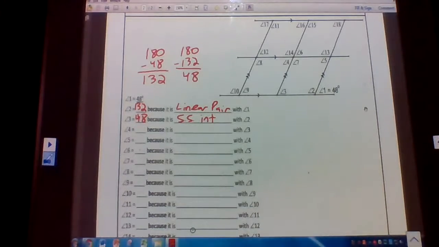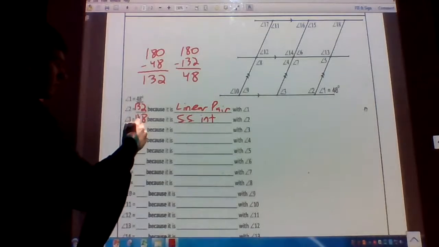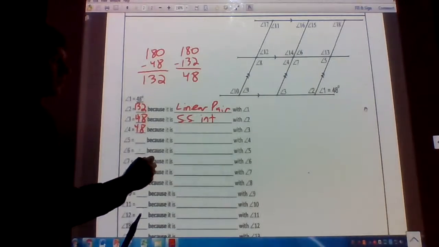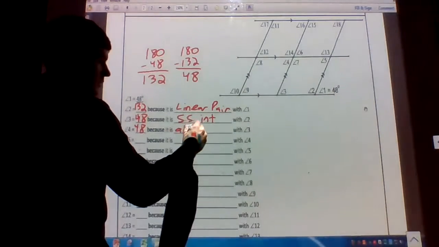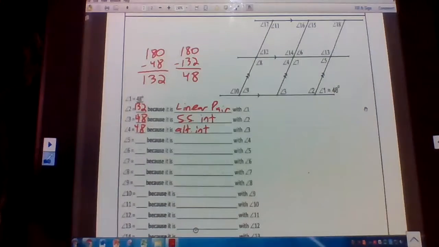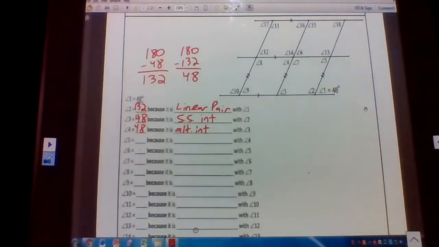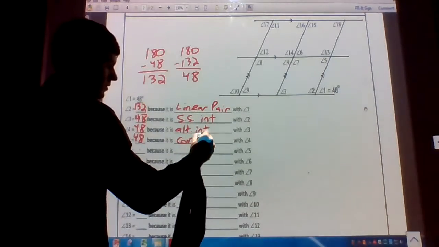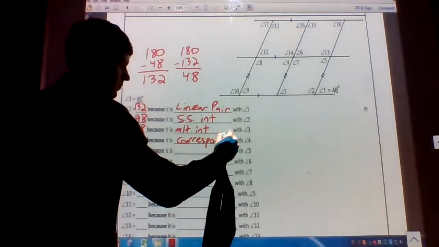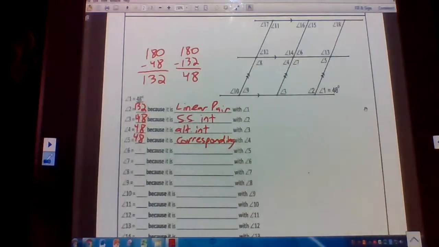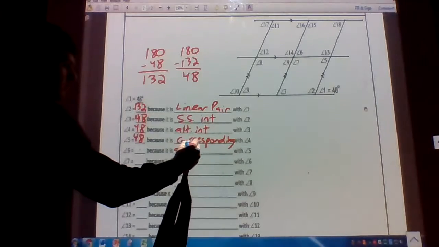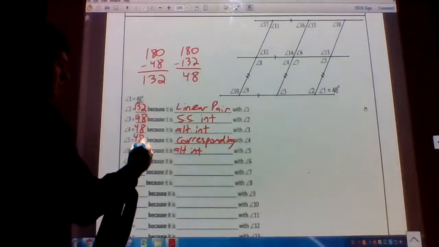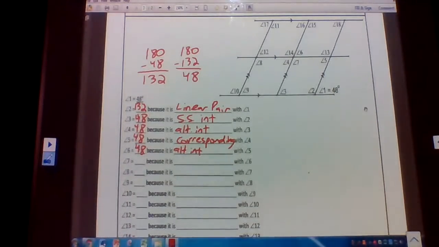3 and 4 are alternate interior, so it's going to stay the same. 4 and 5 are corresponding, so it's going to stay the same. 5 and 6 are alternate interior, so it stays the same. 6 and 7 are a linear pair.